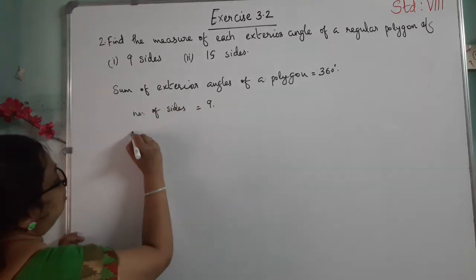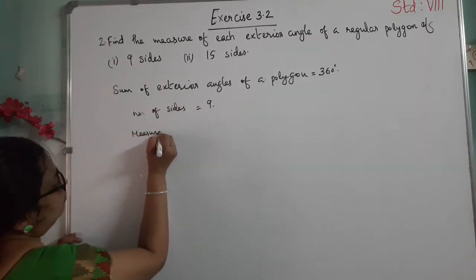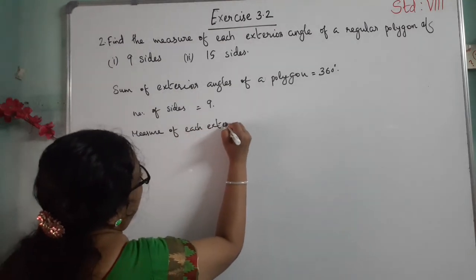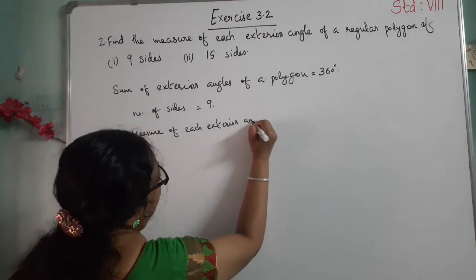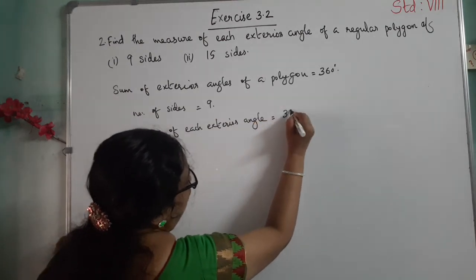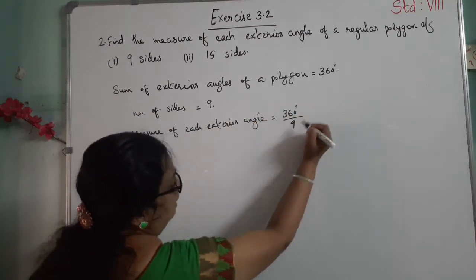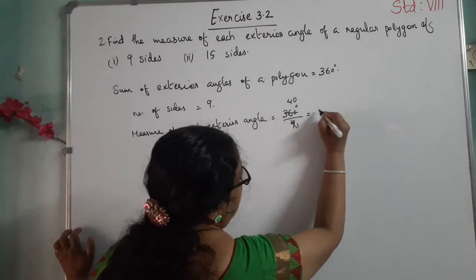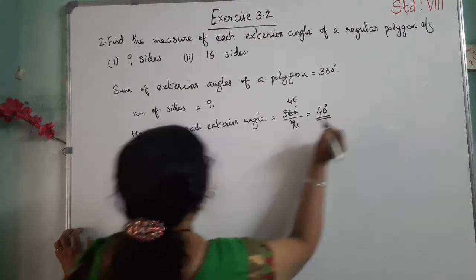So the measure of each exterior angle equals 360 degrees divided by 9. Then 9 fours are 36, so 40 degrees.